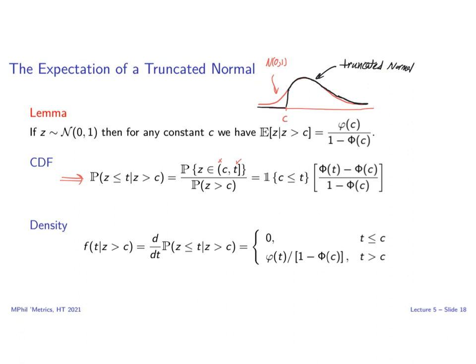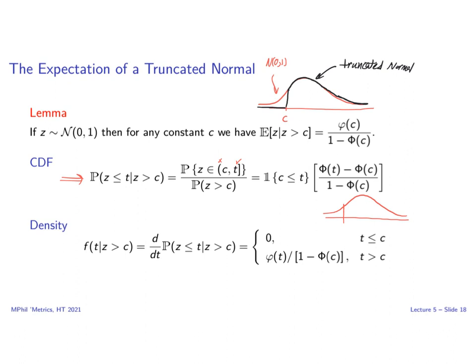The probability in the numerator is 0 unless c is strictly smaller than t. So we start off after this equality with an indicator function that c is less than or equal to t. When that indicator function is turned on, so that t is larger than c, then the expression that we're going to calculate next makes sense and is well defined.